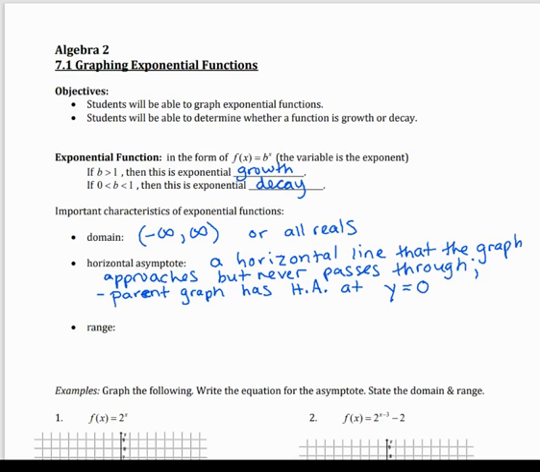As my graph shifts up and down, that horizontal line is going to move up or down as well. And that's when we have a change in the equation. So I'll jot that down.